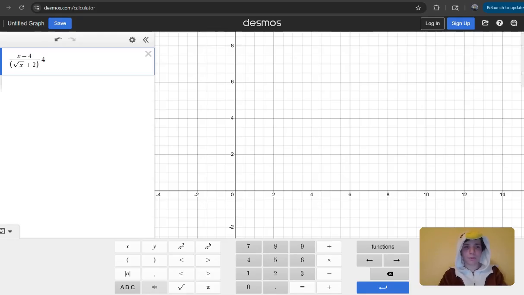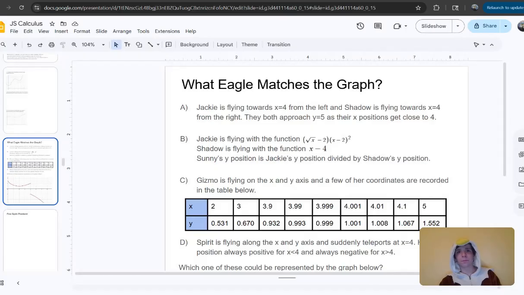And we got x minus 4 on the top, x minus 4 on the bottom. Replace it with a 1, and bring the 4 up here, so we have 4 over square root of x plus 2. And as x is getting close to 4, square root of x is getting close to 2, so it's 4 over 2 plus 2, and that's going to be 1.